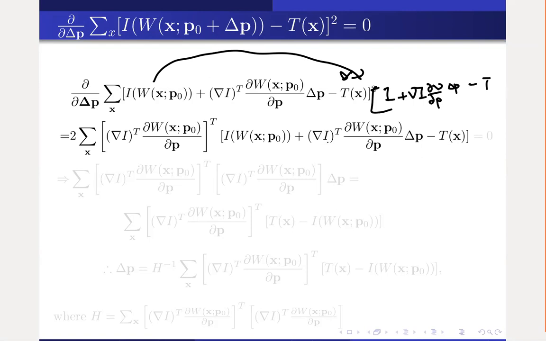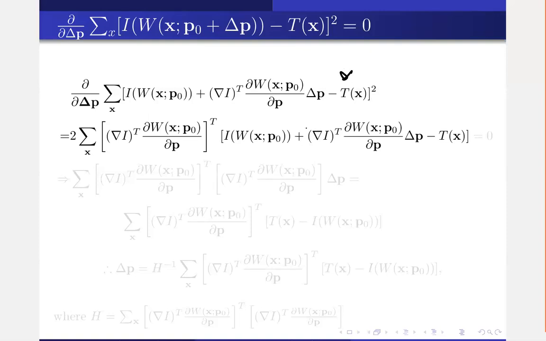I'm sorry about that. I don't need to expand this here because I'm really doing the gradient, taking the partial derivative with respect to delta P. It's like the scalar case, right?